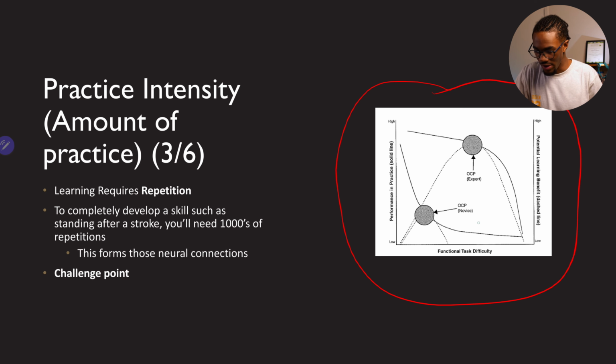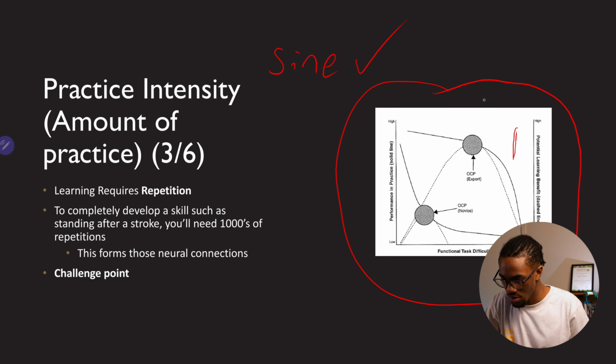So this graph just says that if you're really, really good at something, so let's say you're an expert in the sine rule, right? You need to be doing questions that are more challenging, right? So you need to be doing questions that are difficult. So this is difficult. This is easy. Right?